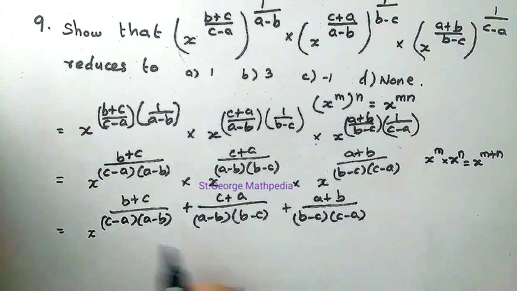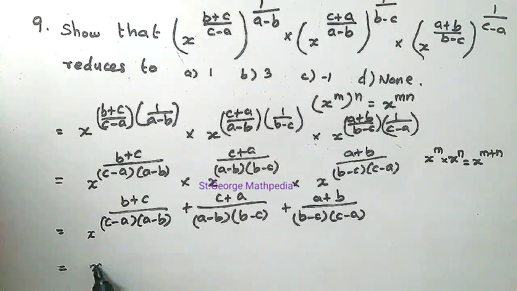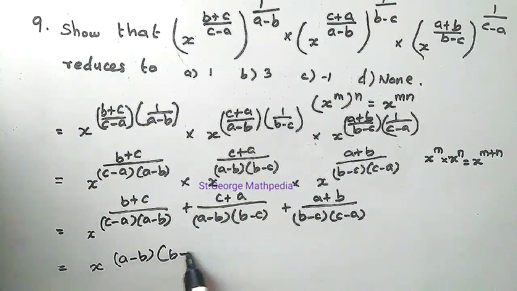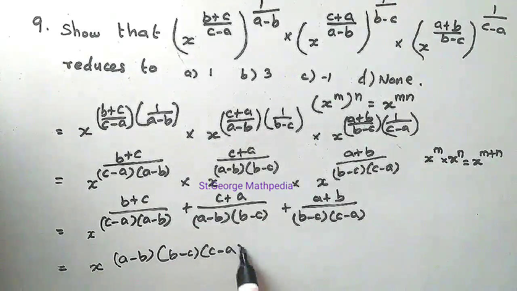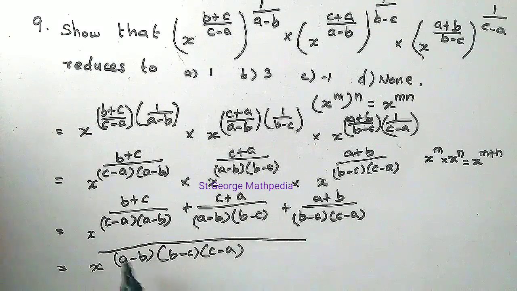Now let's write the LCM of this. The LCM of the denominators is (a-b)(b-c)(c-a).